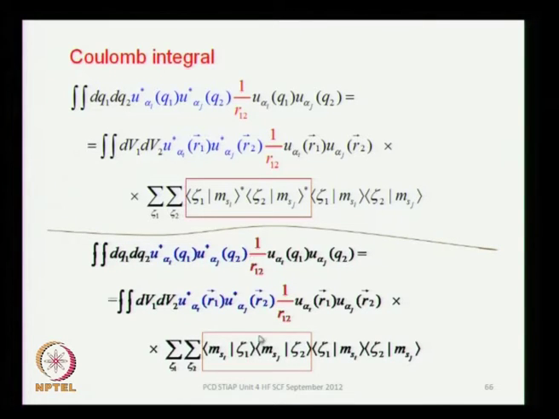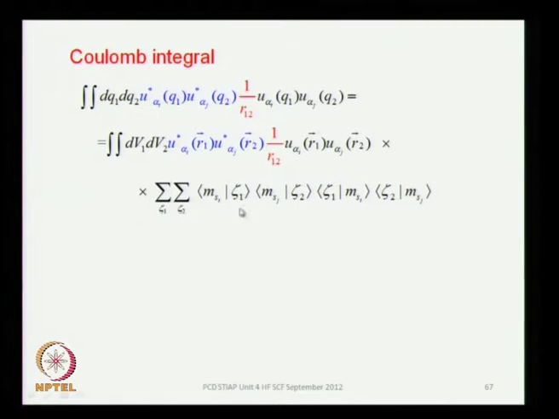So, this is just the complex conjugation as we need, and if you look at these complex conjugated terms and then carry out the summations over zeta 1 and zeta 2 separately, because these are the two terms which have got zeta 1, the other two have got zeta 2. So, you can carry out the summation over zeta 1 separately and the summation over zeta 2 separately. What do you get? You get 1 into 1. Okay.